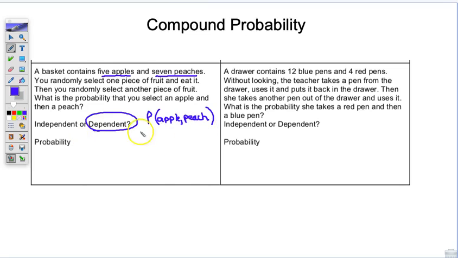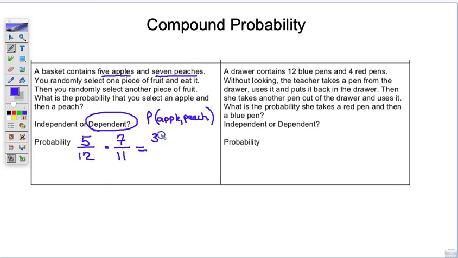So the probability of selecting an apple, it looks like we have 5 apples out of 5 plus 7 is 12 pieces of fruit, times, since we want a peach on our second choice, we have 7 peaches available. But because we ate 1 piece of fruit after the first choice, we only have 11 pieces in total to choose from.